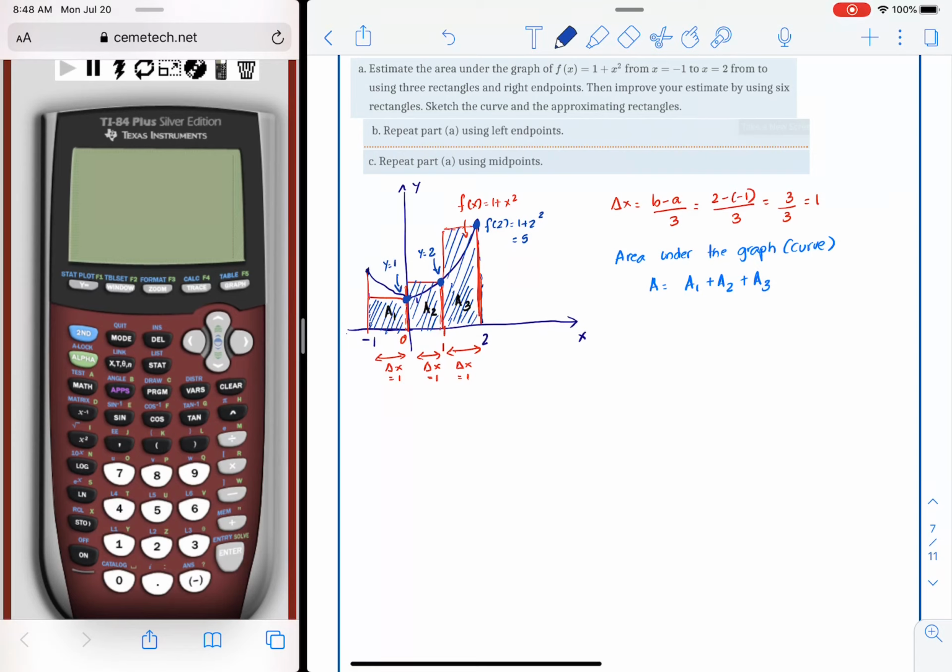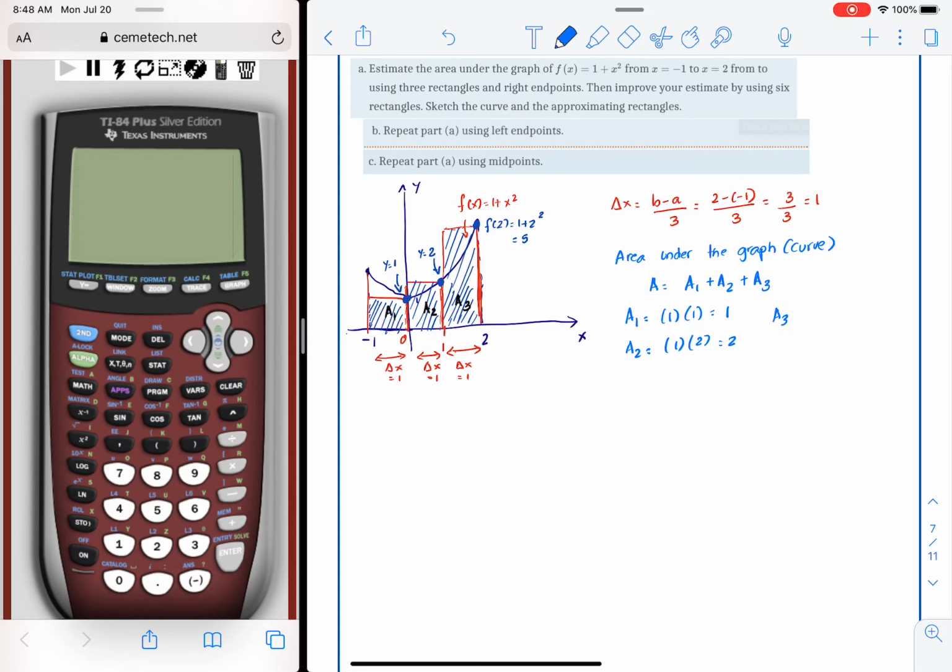So the area of the first rectangle is length 1, height 1, you get 1. The second rectangle, length is 1, height is 2.